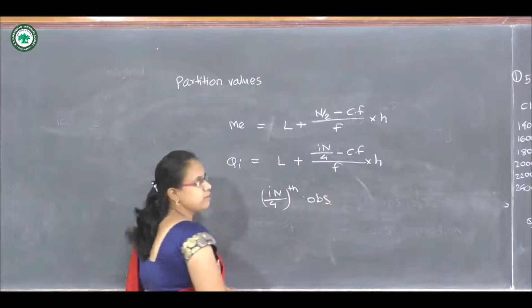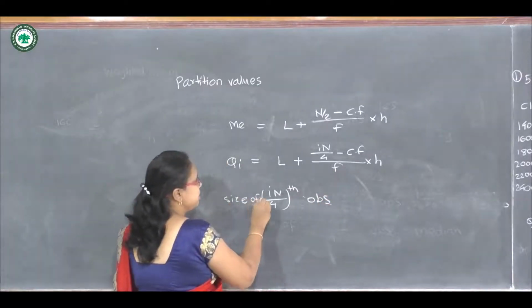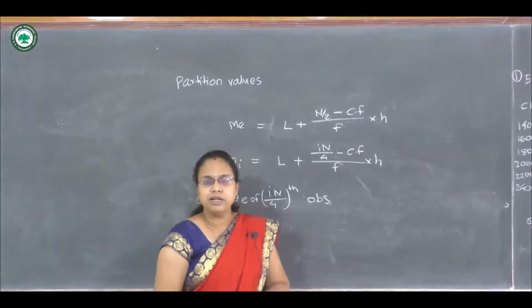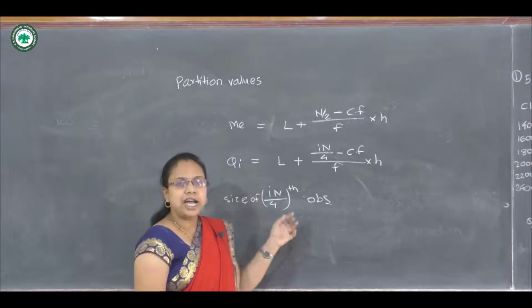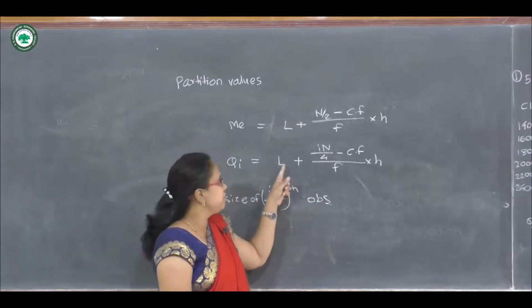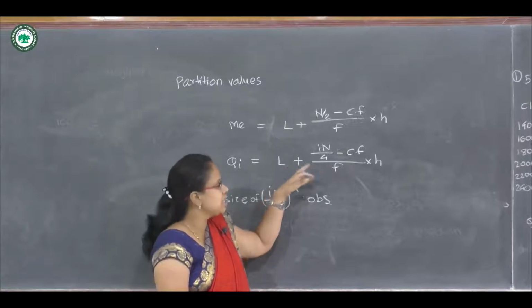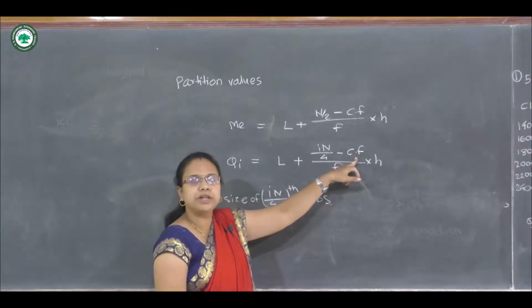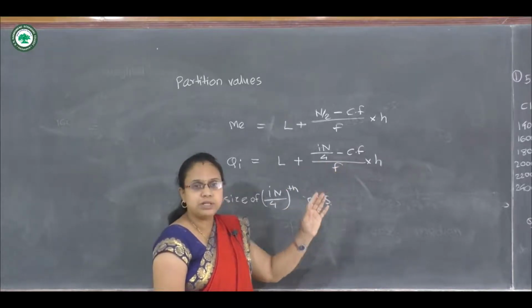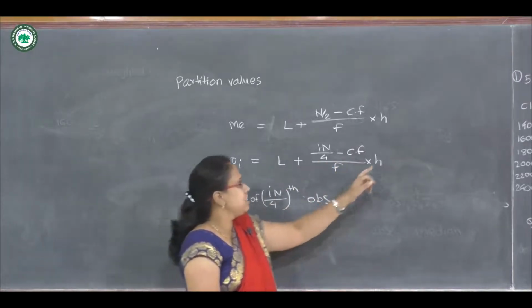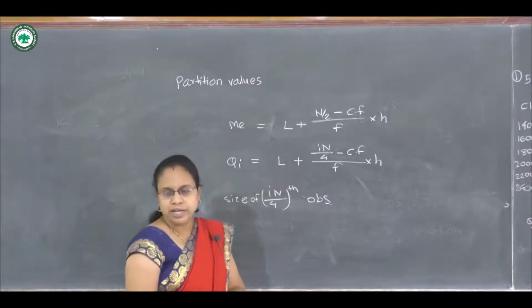So the size of i into n upon 4th observation, then we will find that quartile class, and after getting that quartile class, we will simply take L, the lower limit of that class, Cf, the cumulative frequency of the previous class, F is the frequency of the quartile class, H is the class width. So in this way we can obtain quartiles.